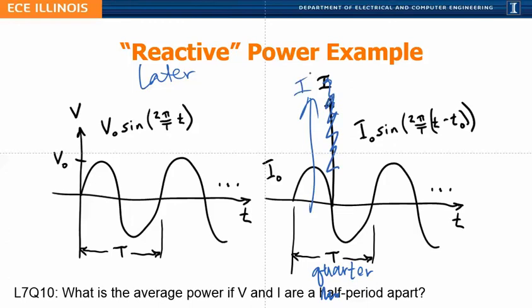A quarter waveform off. We'll talk about it a little bit later in the semester. This wouldn't happen in a resistor. In a resistor, the current would always be proportional to the voltage. If the voltage is sine of 2 pi over big T times t, then the current would just be 1 over R times that.